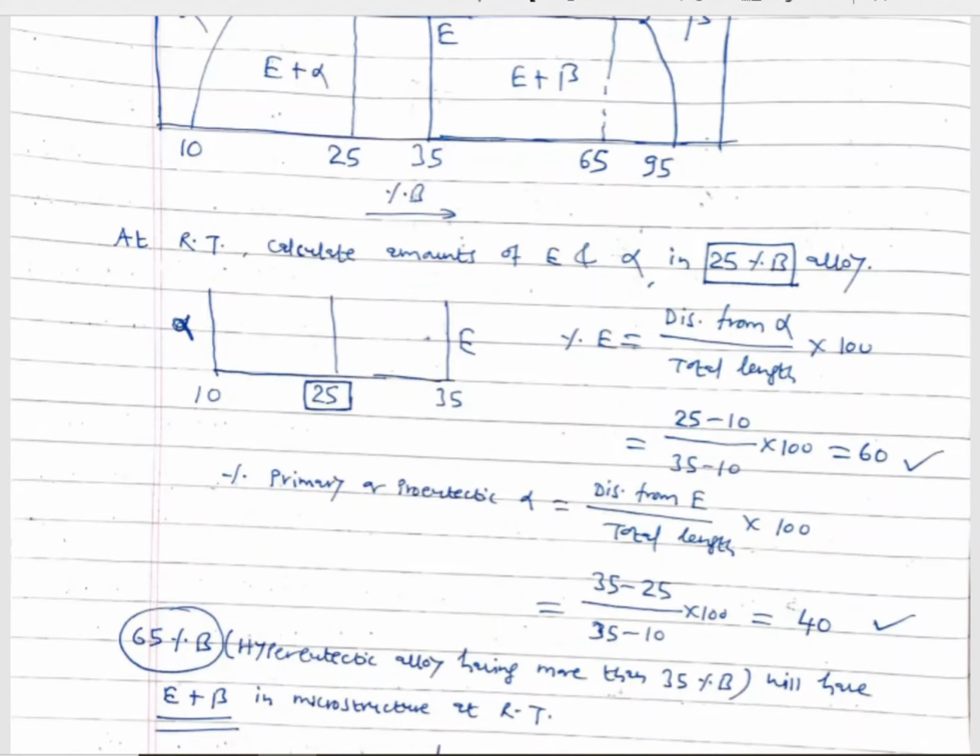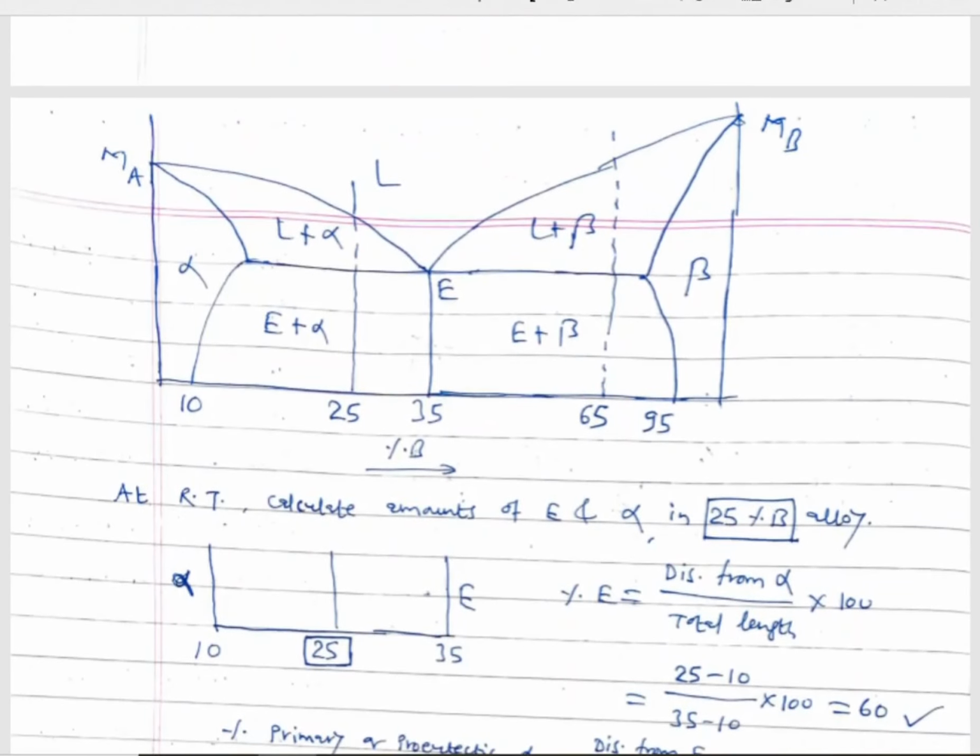Take another example. If it is 65% B, the case belongs to the category of hypereutectic alloy. So naturally its microstructure will consist of E plus beta, eutectic plus beta. Now you have to apply the lever rule between the eutectic boundary of 100% eutectic, 35% B, and the boundary of beta at room temperature, 95% B, and your phase composition has now become 65.